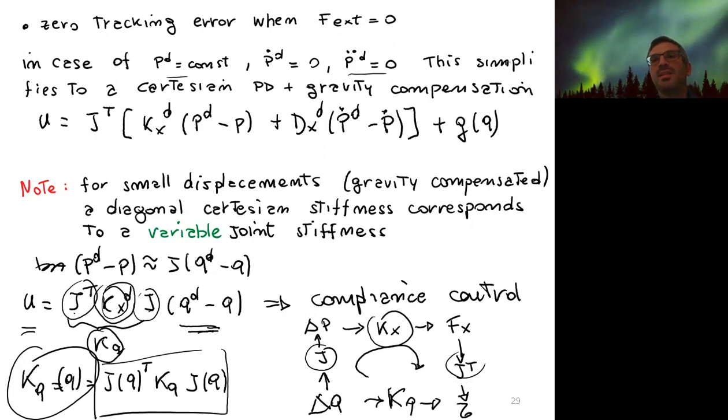This is the only case where it is useful to implement impedance control at the joint level, and you are done. In essence, you apply your torque this way, and you're sure that at the end effector, for small displacement and for very slow motions, you have something behaving like a Cartesian constant stiffness.